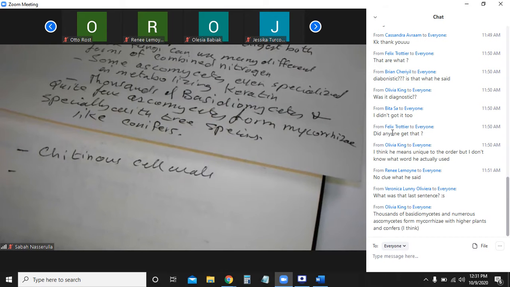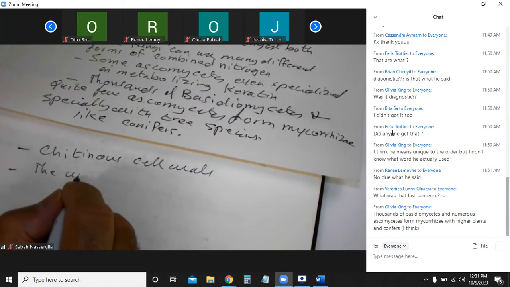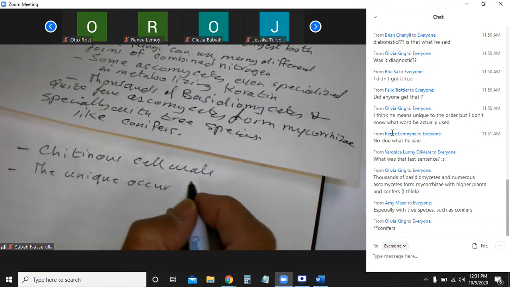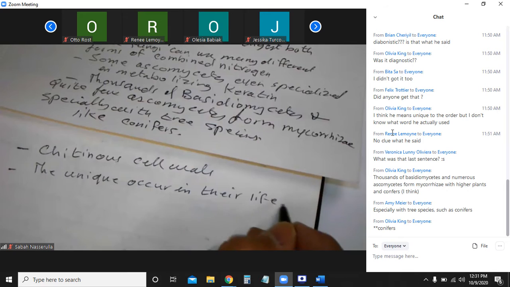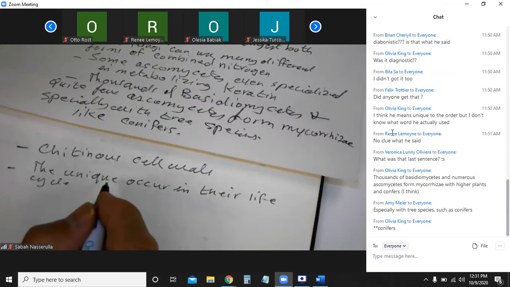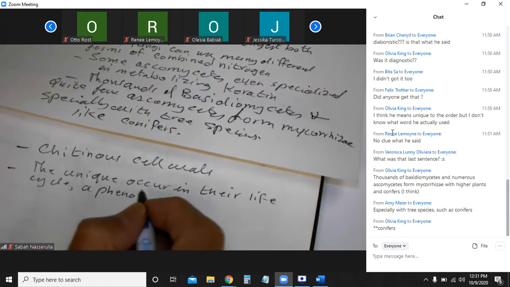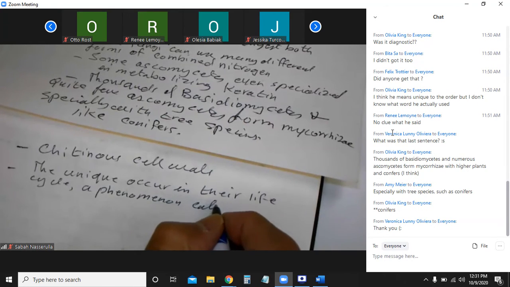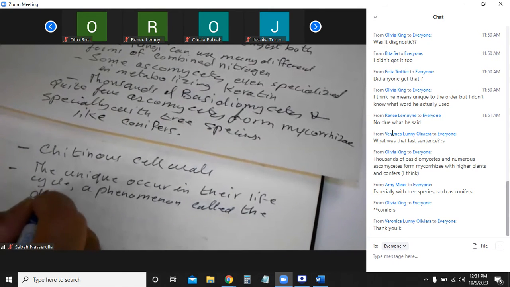Now, the unique phenomenon that occurs in their life cycle is known as the dikaryon, which simply means two nuclei.